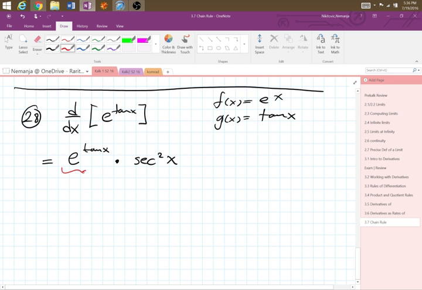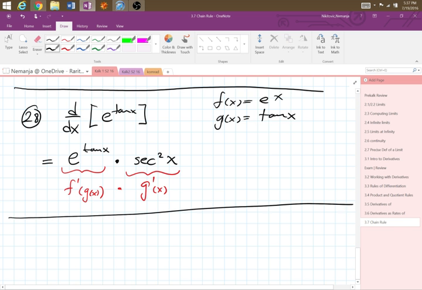This part is the derivative of the outer with g still plugged in, intact, and this part is just the derivative of g, which is our formula multiplied in between. So that was problem 28 in the textbook.